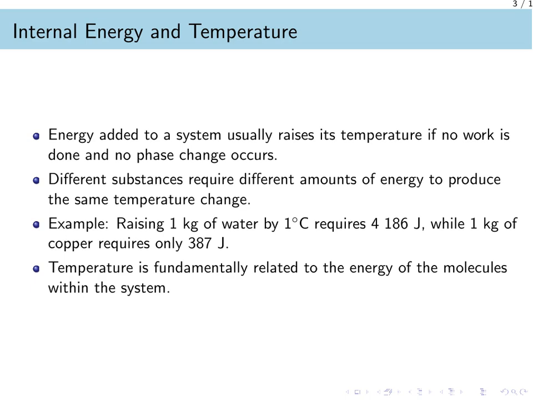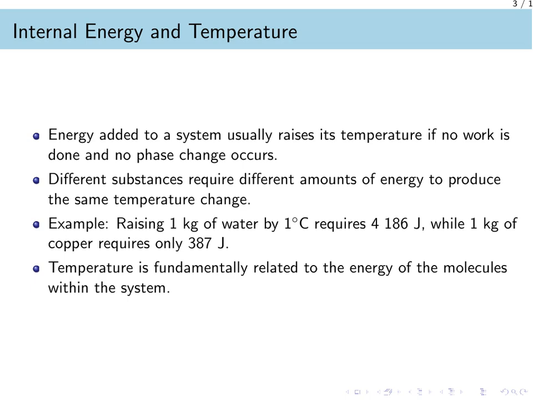When energy is added to a system, it typically results in a rise in temperature, provided that the system does not perform work and no phase change occurs. However, different substances require different amounts of energy to produce the same temperature change. For instance, raising the temperature of 1 kilogram of water by 1 degree Celsius requires 4,186 joules of energy.